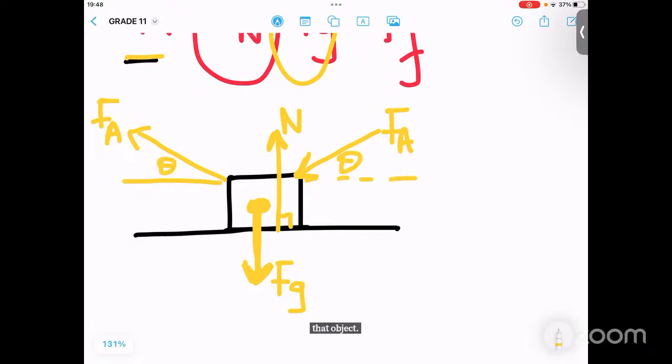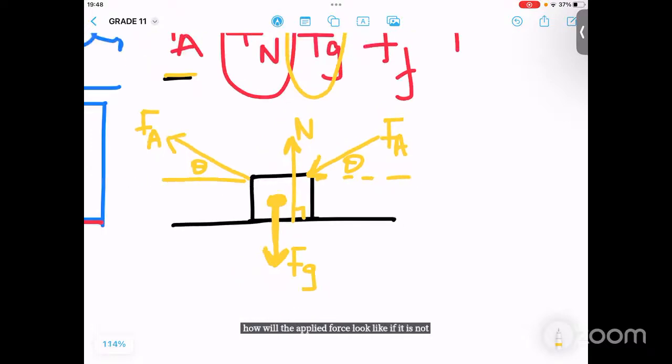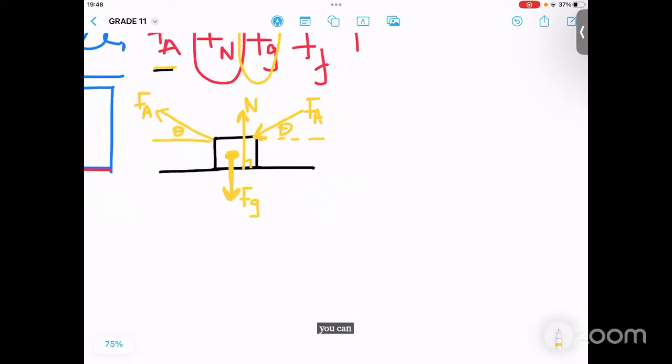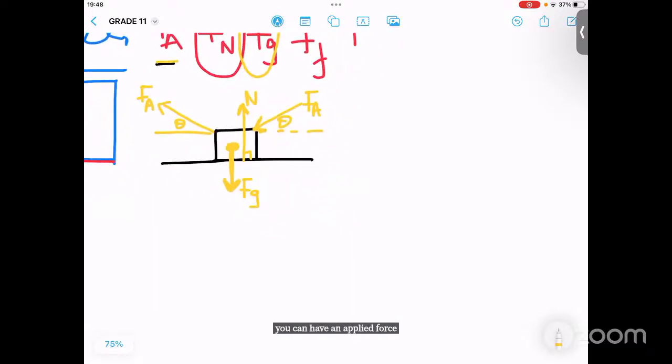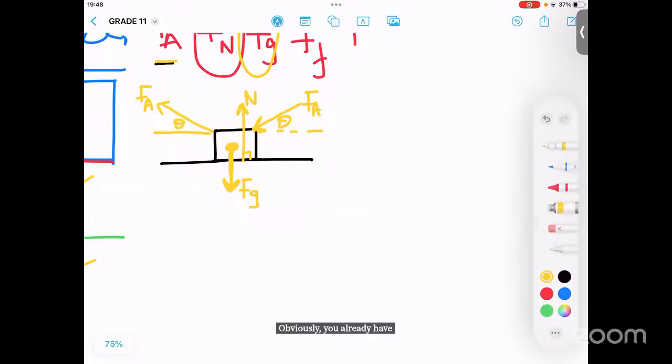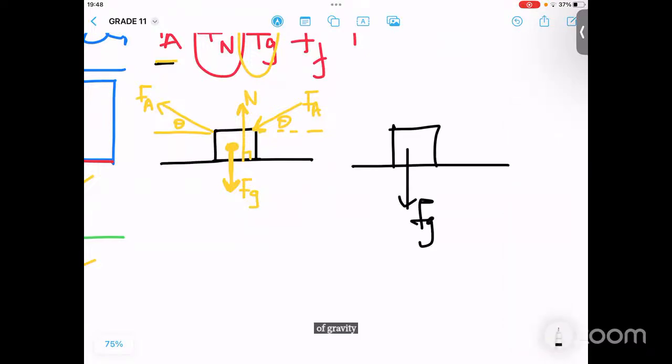How will the applied force look if it is not acting at an angle? Again, you can have an applied force. Obviously, you already have the force of gravity, and then you have that one at 90 degrees, which is the normal force.